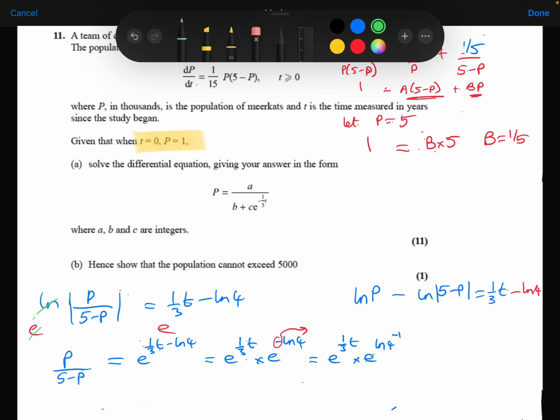Now I've got e to the ln, which cancels out, to just leave me with e to the 1/3 t times 4 to the power -1, which is the same thing as a quarter. So just rewriting that line then, I've got p over 5 minus p equals 1/4 e to the 1/3 t.